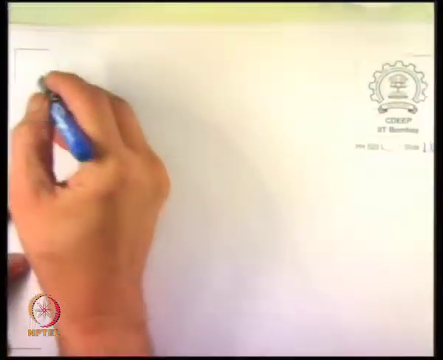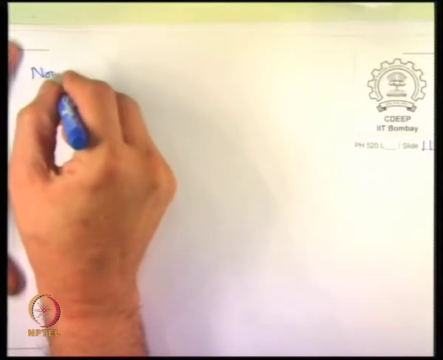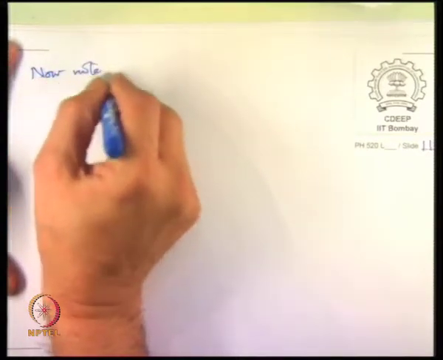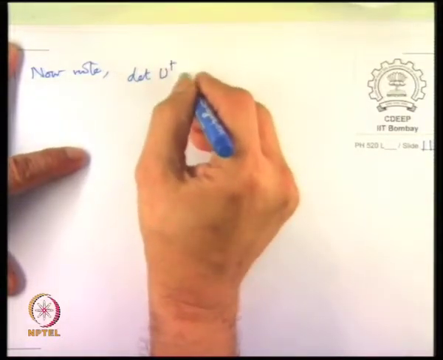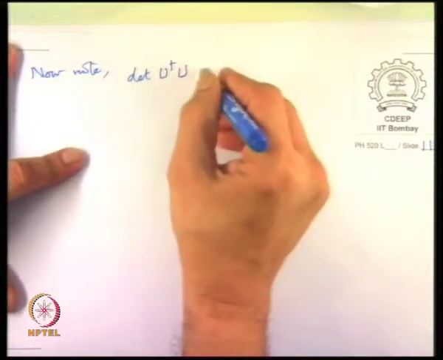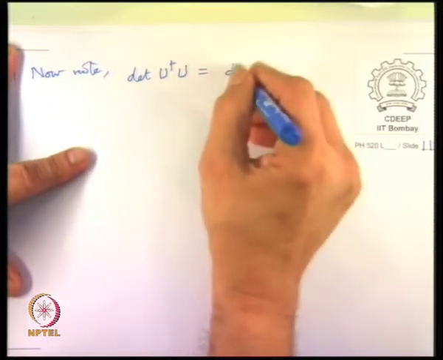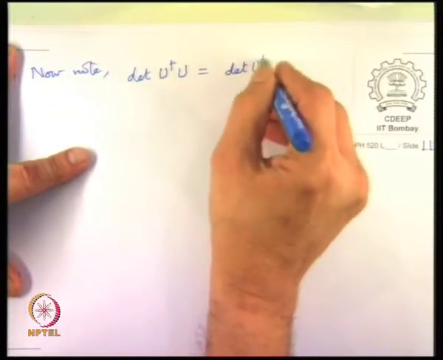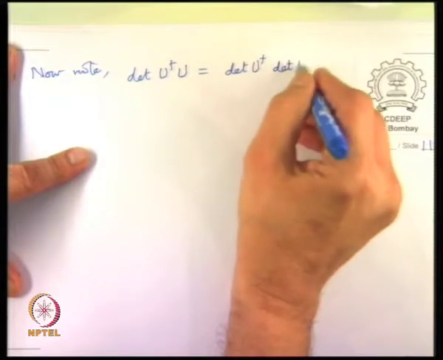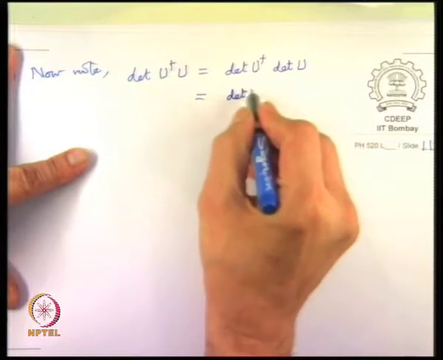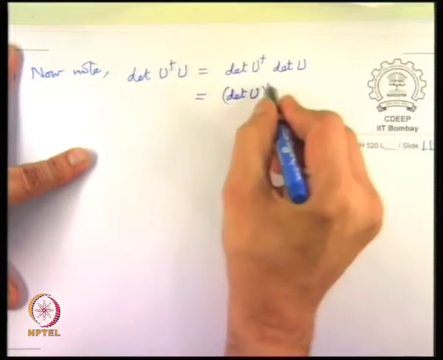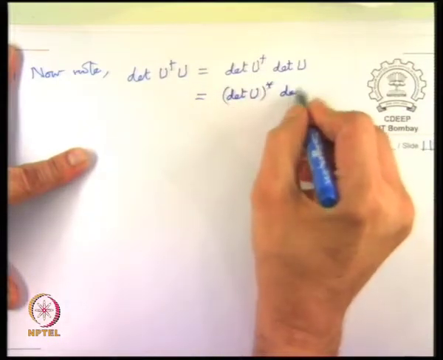What this means in the complex case on the determinant, you will get the complex conjugate of the determinant.